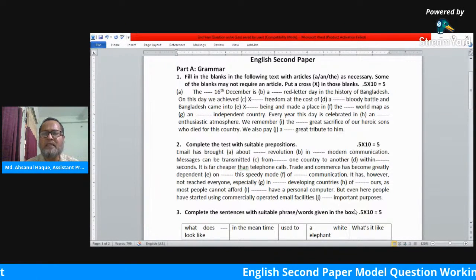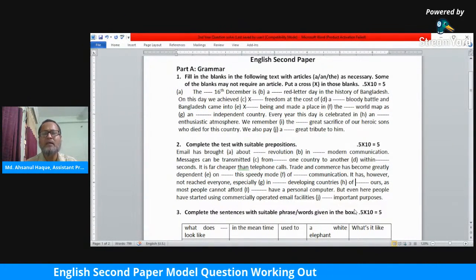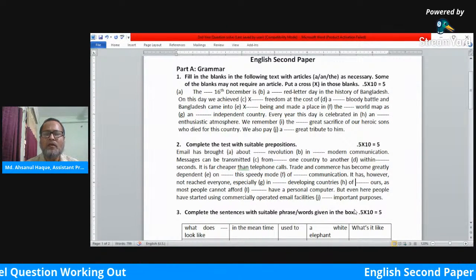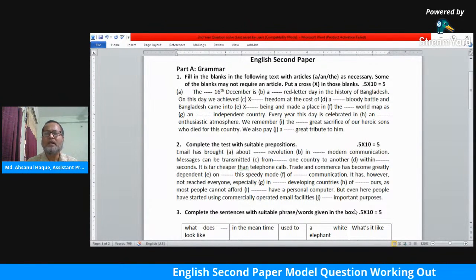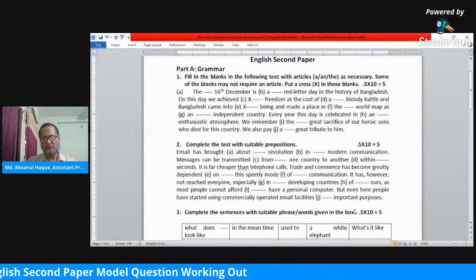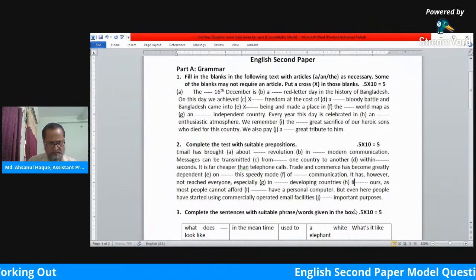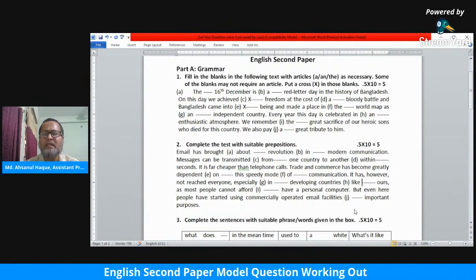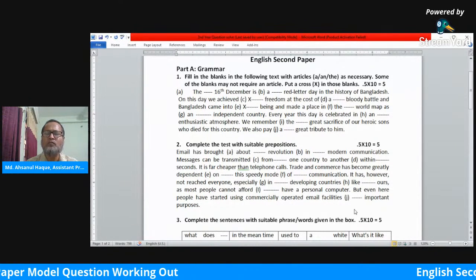The meaning is that it has not reached everyone living in developing countries. We can also say 'like ours': developing countries like ours. This should be the best option.